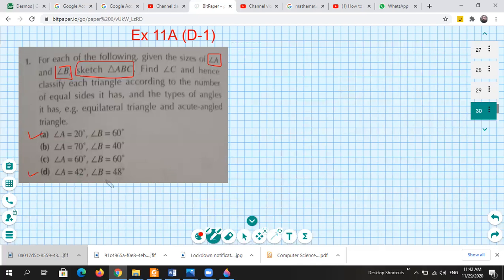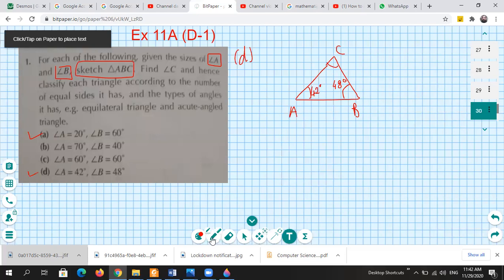Angle A is 42 degrees and angle B is 48 degrees. So I'm going to sketch it. Suppose this is line AB, and angle 42 is just like this, and 48 should be much steeper. So this is 42 and this one is 48. And this angle is C, which is unknown, so we are going to find it.